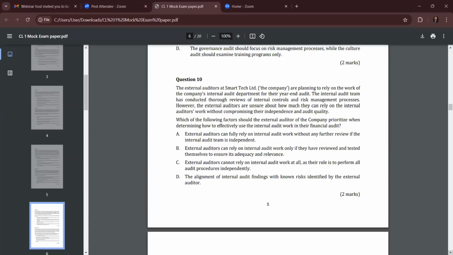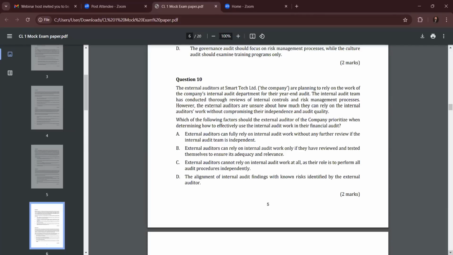Which of the following factors should the external auditor of the company prioritize when determining how to effectively use the internal audit work in their financial audit? What sort of factors should be considered? A, the external auditor can fully rely on internal audit work without any further review if the internal audit team is independent.